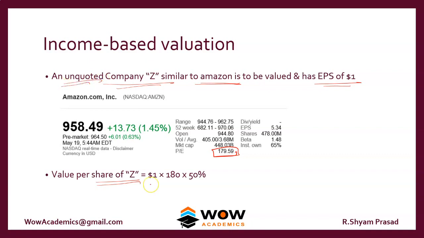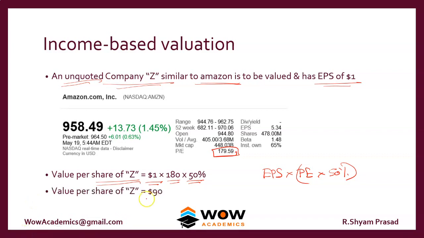The formula was earlier EPS into PE. To value the PE of an unquoted company, we take the quoted company's PE and multiply it by 50% or 60%. Here I have taken 50. So EPS into PE into the reduction. Now we get the value for this company. So this company's value is $90.